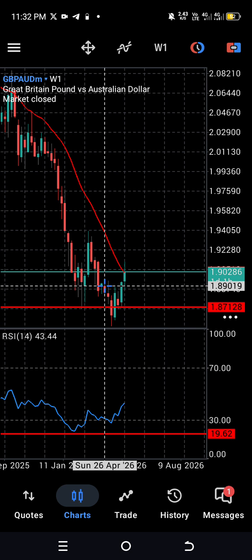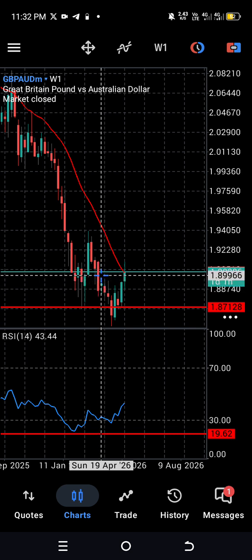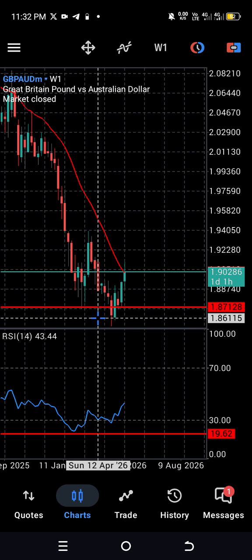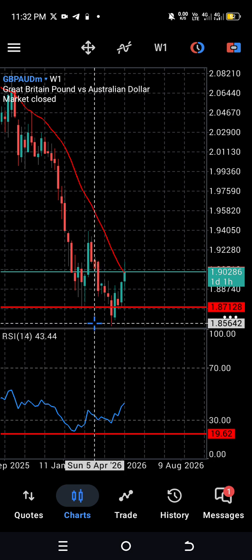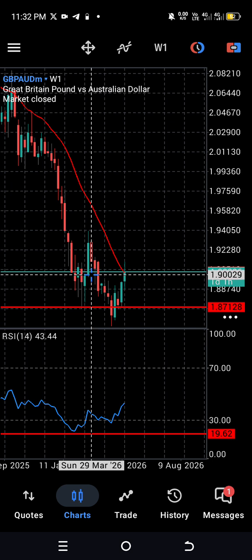Like I said, I use SMA 20, simple moving average 20, as my take profit level, and I place my stop loss just a few pips below the low of that candle, and I'll be taking profit here.